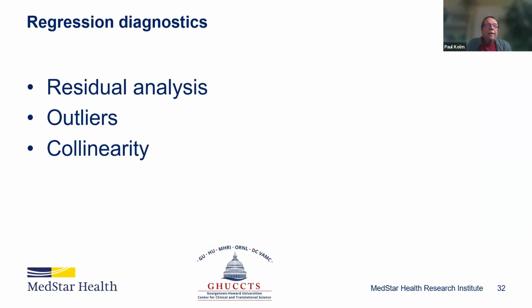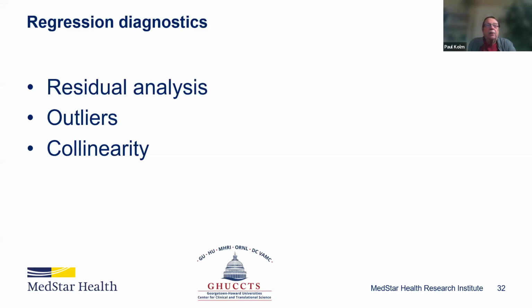And then, although you don't see this in the presentation of papers, you need to do regression diagnostics. In other words, to determine whether the regression equation that you came up with is valid or not. And so we do a residual analysis.